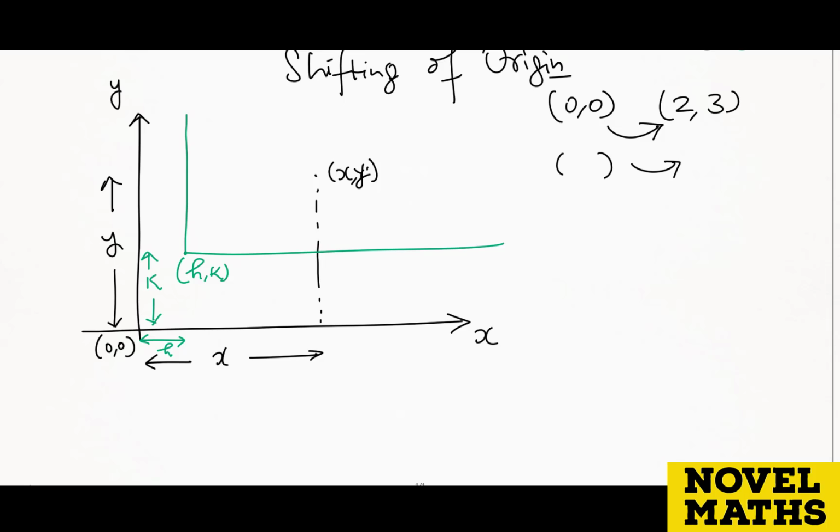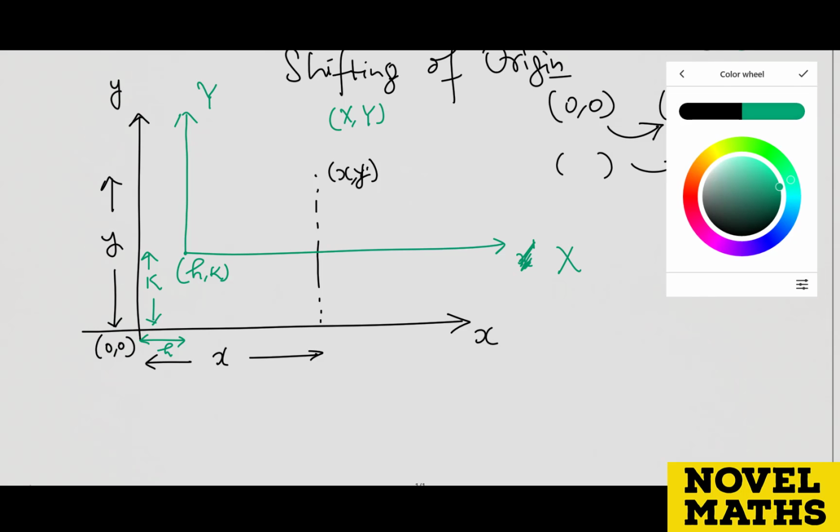So obviously these are variables, and when you're changing this axis, you need to use another variable. In the books, either this is x dash or capital X. I am going to use capital X. You can use any other variable. Now since this origin is changed, the value of this x and y will also change, right? We will say x and y.